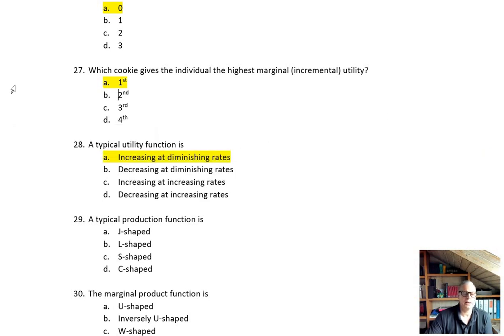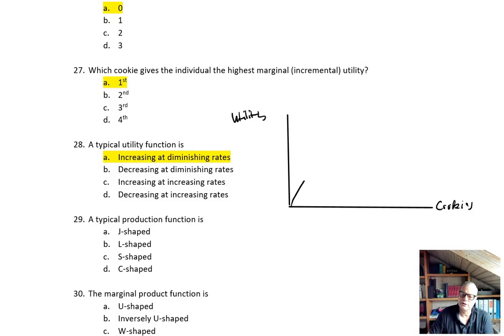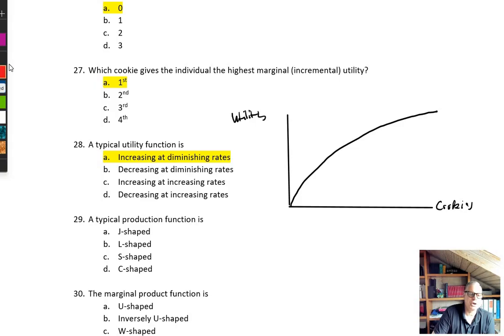And again, if you draw a typical utility function, and you have a certain good, like cookies, a typical utility function looks something like this. And you see the slope of such a curve.